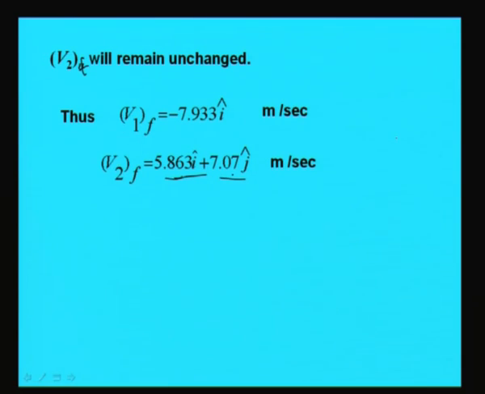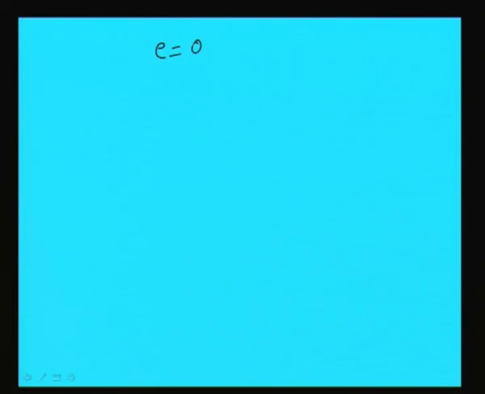Now let me just tell you simple things and simple problems. Suppose you want to show that in the case of the contact of two bodies, with perfectly plastic impact, e is equal to 0.